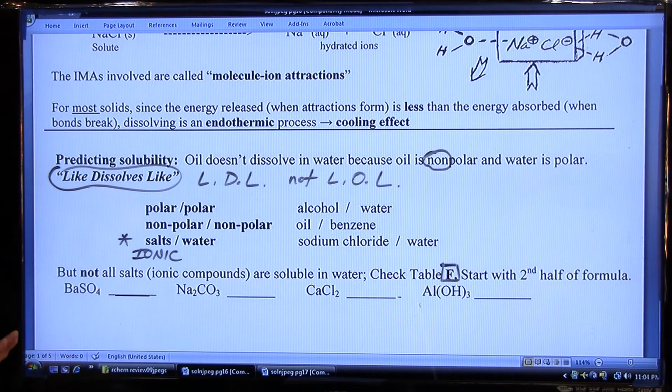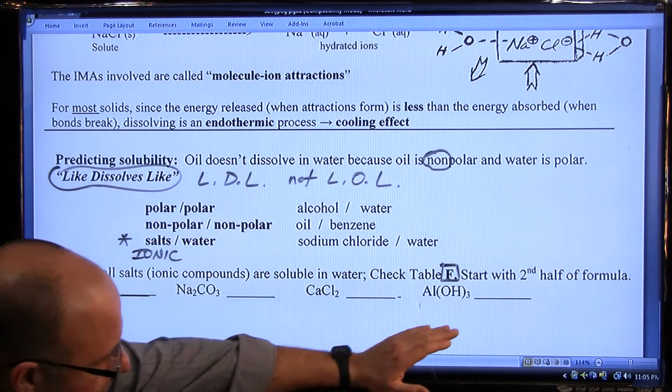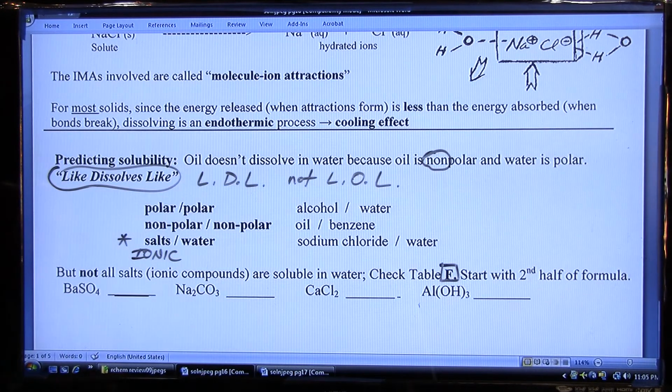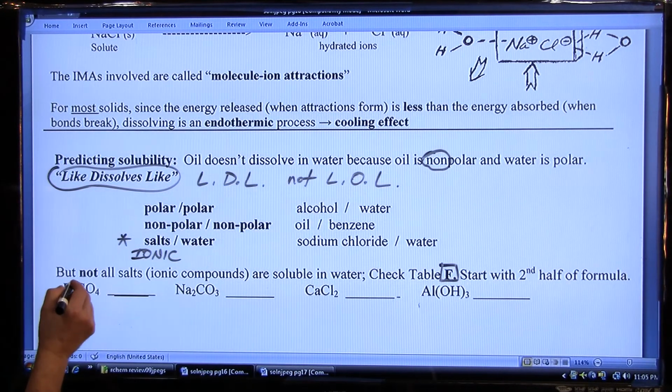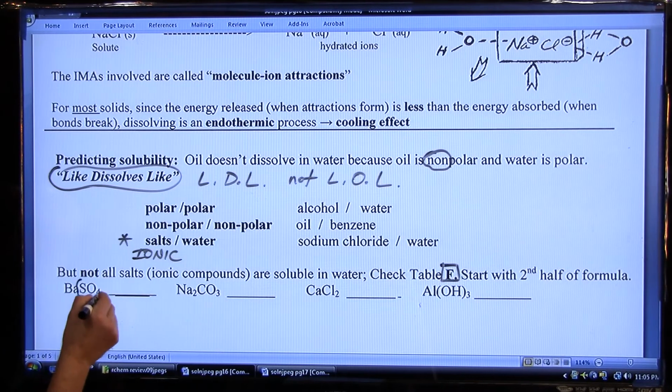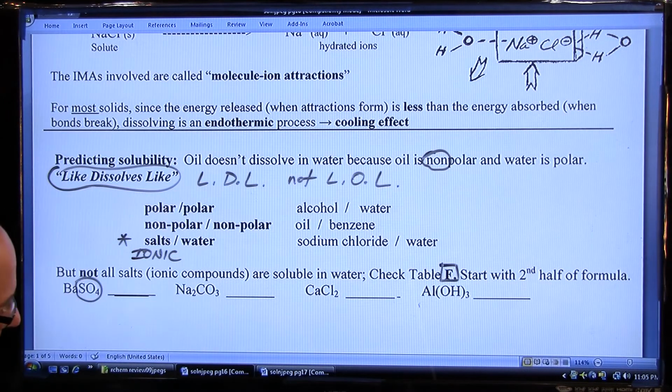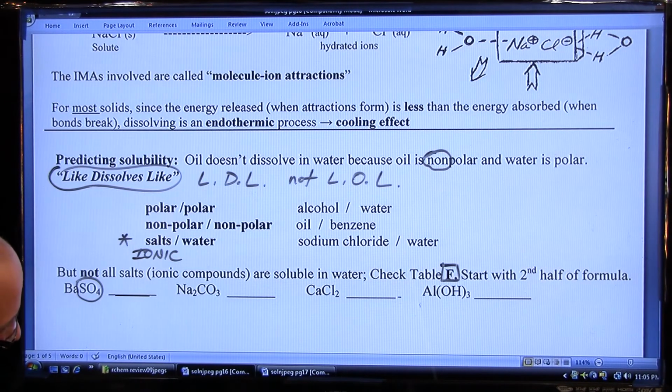All right, so if you're asked to predict the solubility of a salt, and these are all salts or ionic compounds in water, what you do is start with the second half of the formula. So for example, in the case of BaSO4, if you recognize the sulfate ion, that would be the second half. And what you do is, you go to table F, and you look up the SO4.